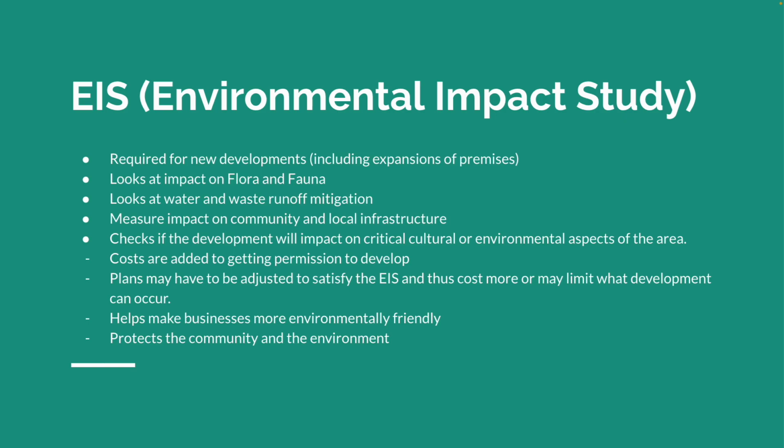Whether it's from vibrations slowly cracking the rocks or the pollution that comes out of the processes and starting to cover it up, all of those things need to be considered as well. So that is how an environmental impact study works. It's going to look at all of that, and you've got to cover it before you get permission to actually go about building it.